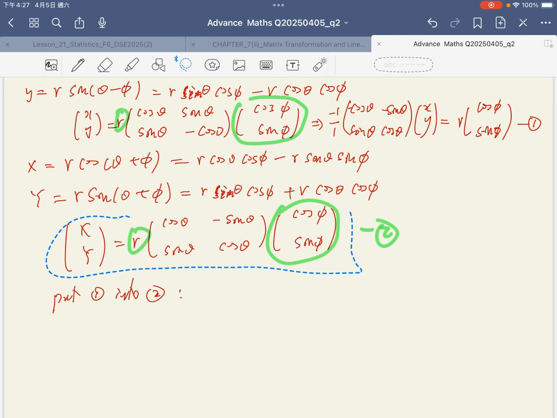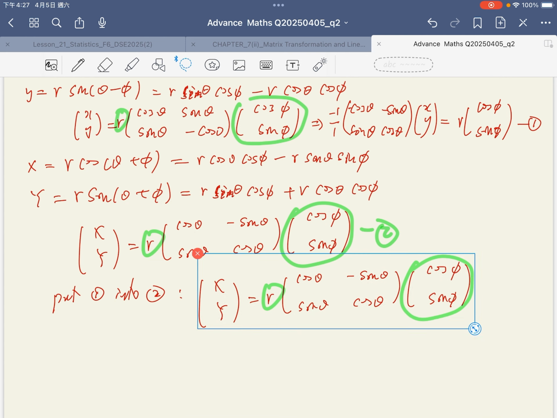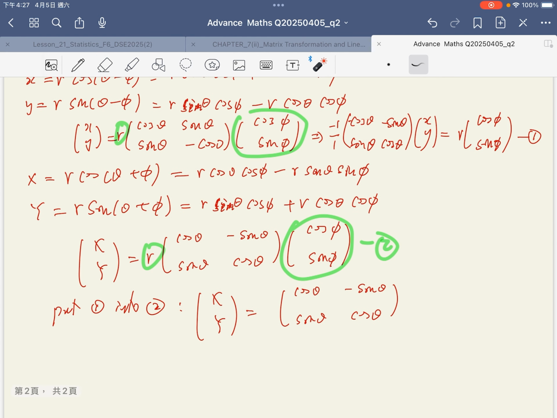I copy it here. Equation 2 is equal to this one. I also multiply the negative sign into this matrix to make it nicer.